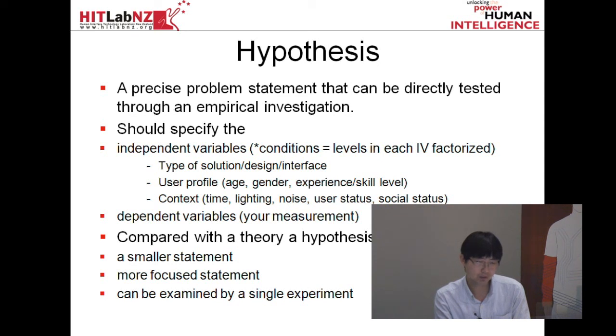Within the hypothesis, you should specify two things: both independent variables, which means the different conditions you have in your experiment, and also the dependent variables, what you are measuring.